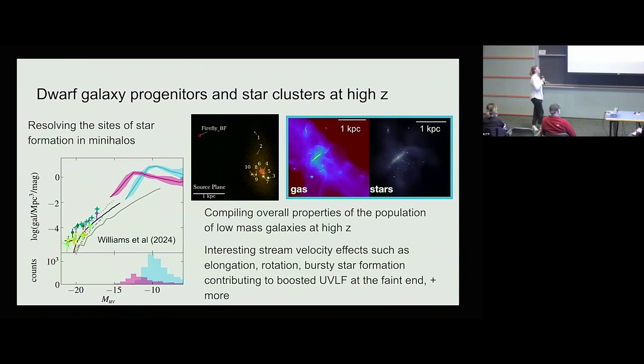You get this boosted UV luminosity from a strong burst of star formation, and this could contribute at the extreme faint end of the luminosity function, if not increased scatter between different regions, because we know parts of the universe have a low value of the stream velocity, parts of the universe have a high value of the stream velocity.